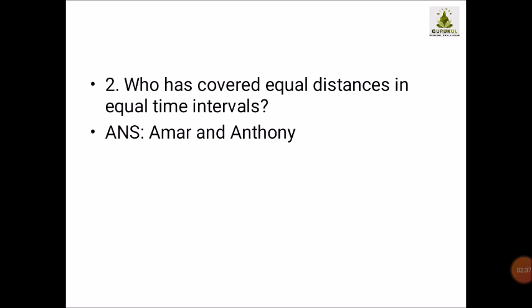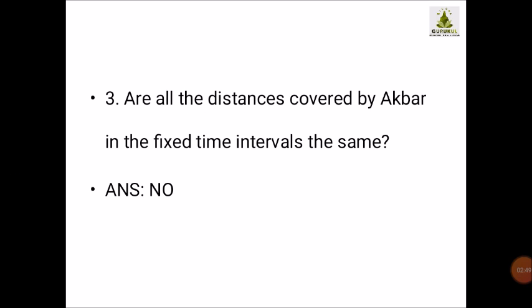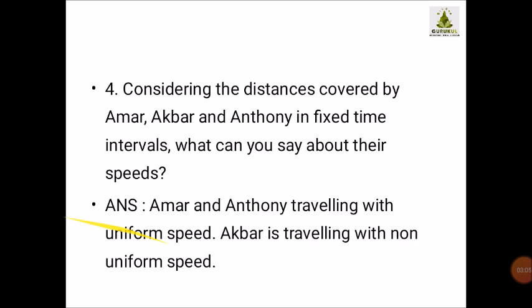If you see the table, you will see that Amar and Anthony have covered equal distances in equal time intervals. Is the distance covered by Akbar fixed in the fixed time intervals? No, the distances were fluctuating for Akbar. He has not covered the same distance in the same time interval.